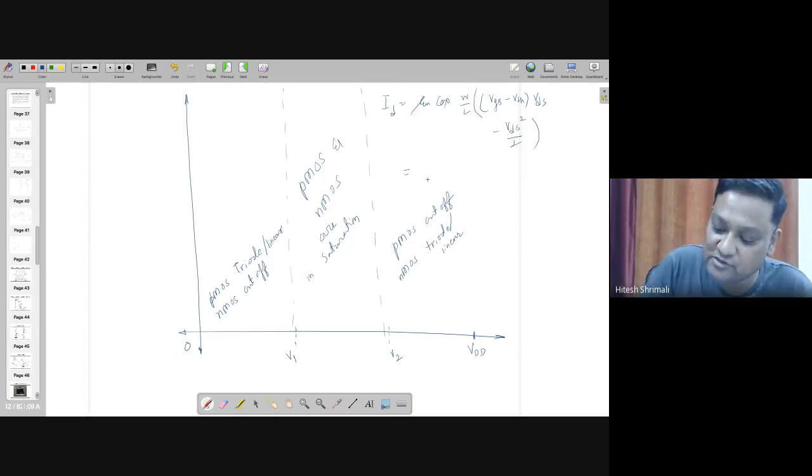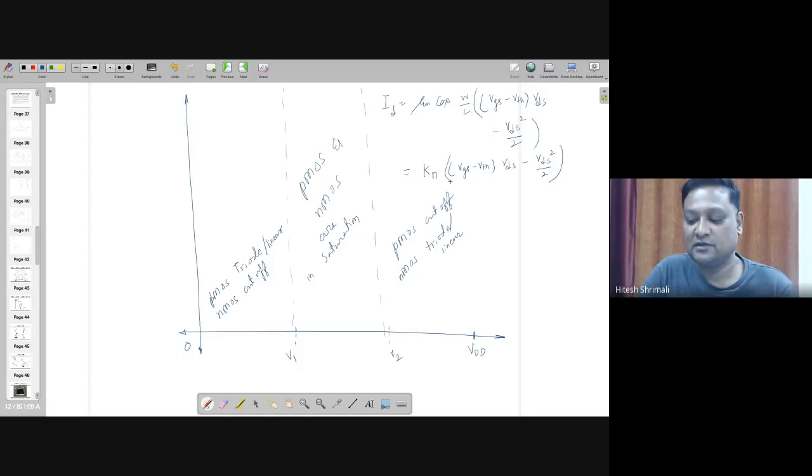In most of the books, they are following Kn times (VGS minus VTH) times VDS minus VDS square by 2. Sometimes they are taking VDS outside and writing Kn times VDS times (VGS minus VTH minus VDS by 2). Whichever equation you are using, it's a modification of the first one only, right?